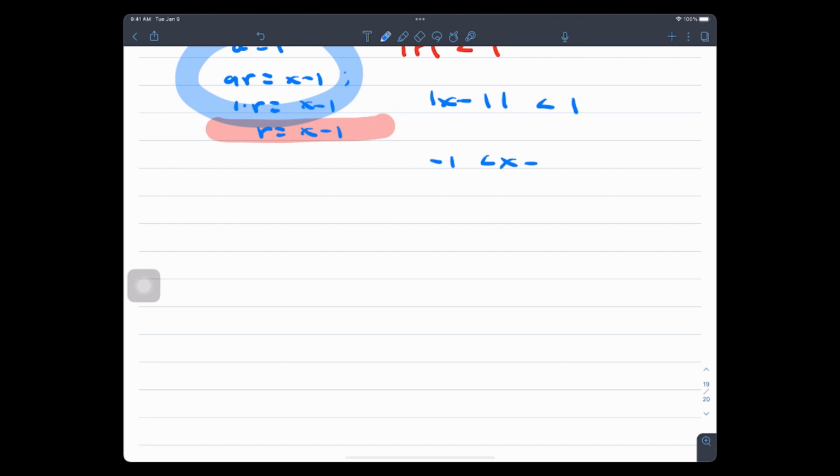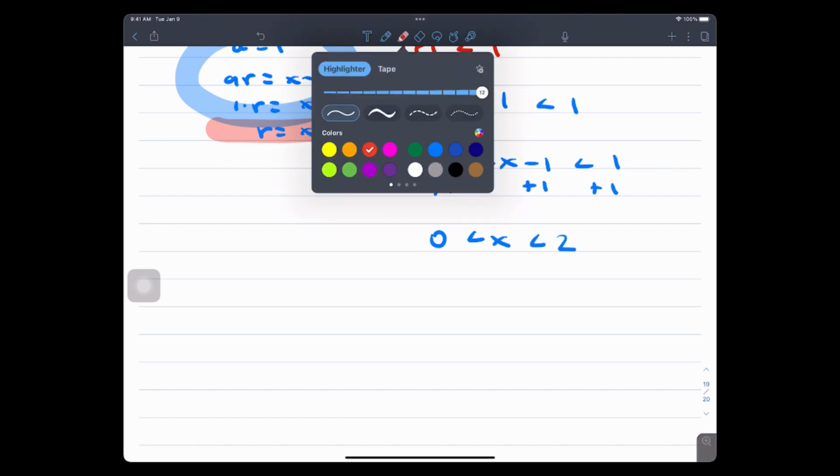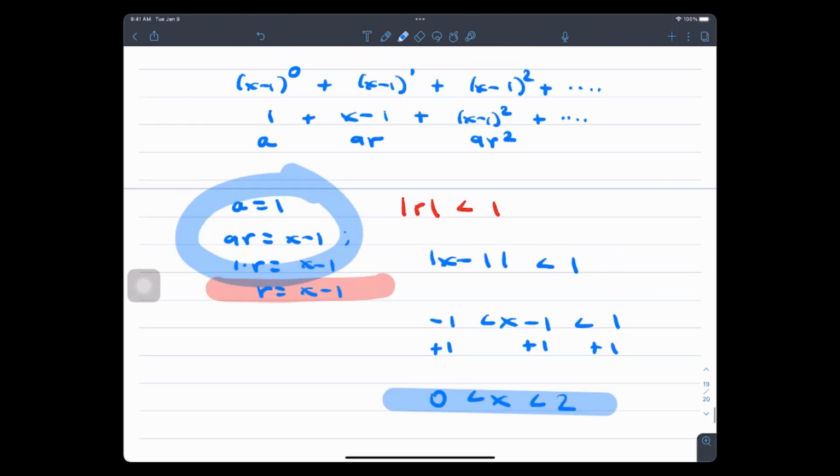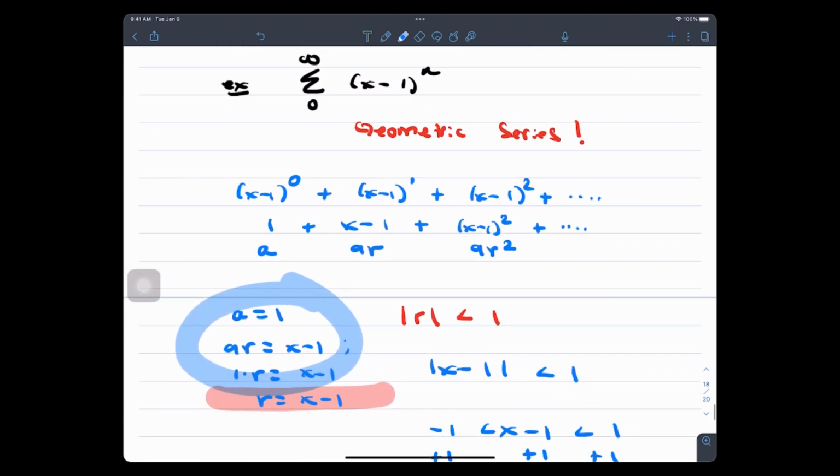This is -1 is less than x minus 1, which is less than 1. And then you add 1 to the middle, on the right and the left, you get 0 less than x, which is less than 2. So for these values of x, and this is what we're looking for, this particular series, which is geometric, will converge.